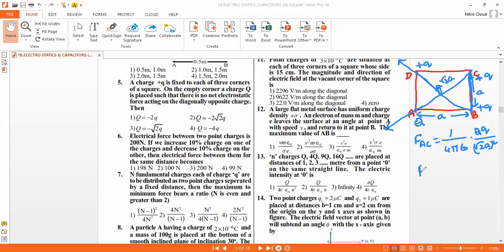So F is equal to 1 by 4 pi epsilon naught. Suppose the angle between the forces here is 45, so this is also 45. So we'll get it as root 2 F times sine 45.